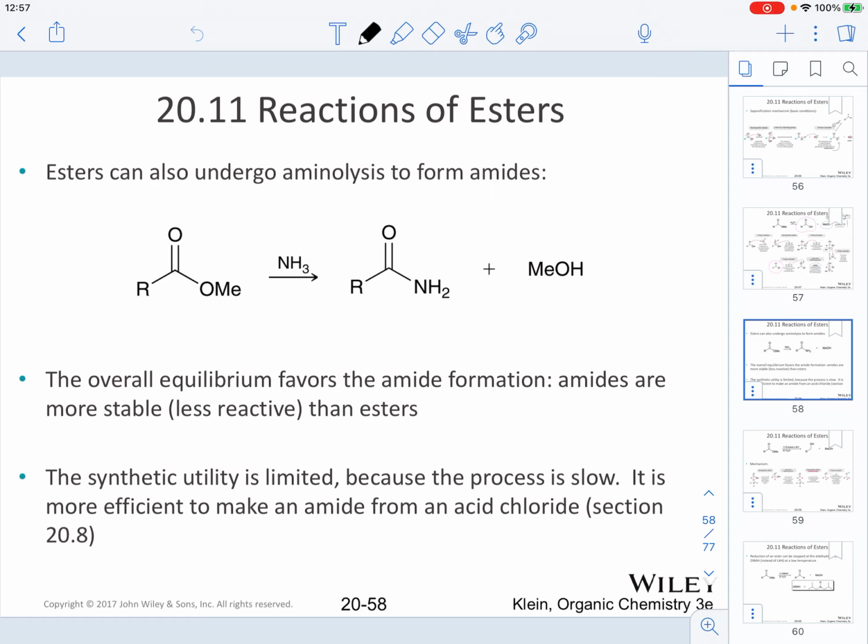So it's not the most elegant way to make an amide, okay? It is more efficient to make an amide from an acid chloride. So understand that typically when we're proposing the production of an amide, this is not going to be the most elegant reaction that we can have.